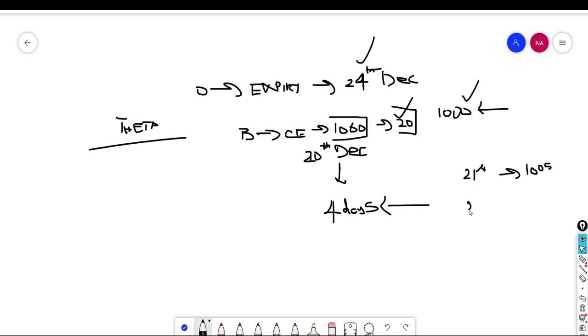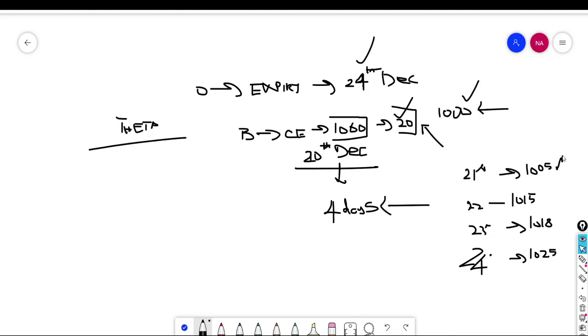On 22nd of December it is 1015, and on 23rd it is 1018. And 24th is the date of expiry. During the opening of the market, the stock price is trading around 1025. You paid a 20 rupees premium and bought on 20th. The stock price has gone up, but the expiry is near.